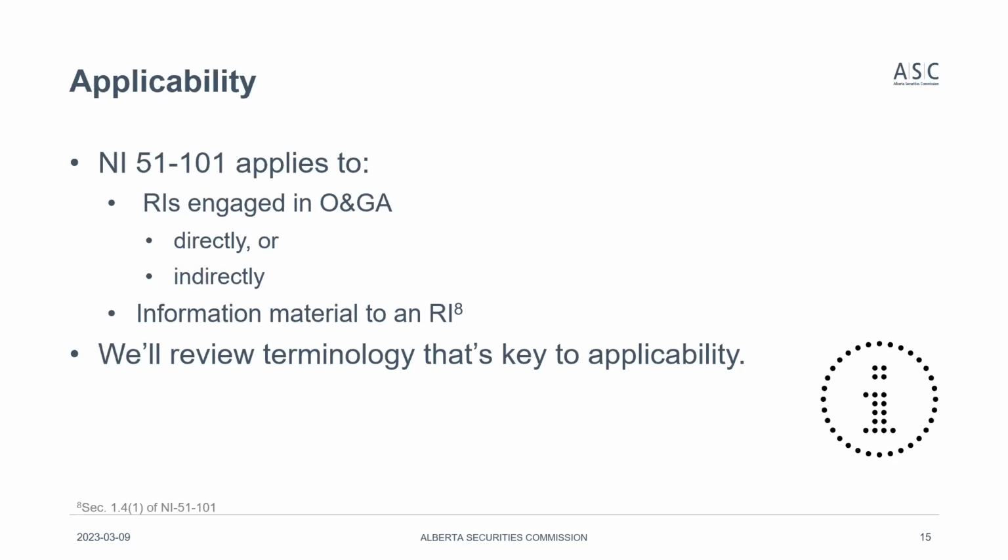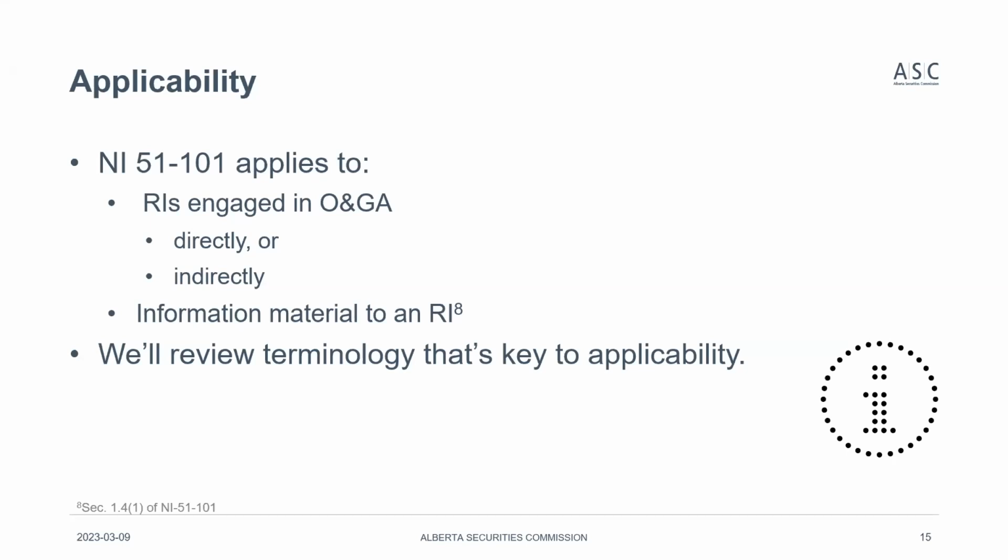Who does 51-101 apply to? When does it apply? And what does it mean when we say that you're engaged in oil and gas activities? That's a fundamental thing that a lot of issuers find themselves facing. If it's a company that starts out as an oil and gas issuer, it's a little bit easier, since they've probably heard of 51-101.